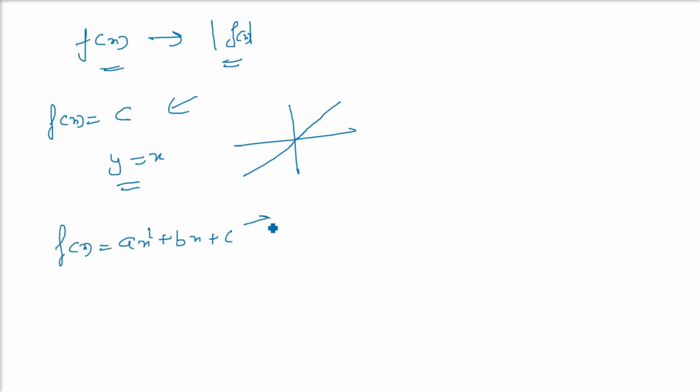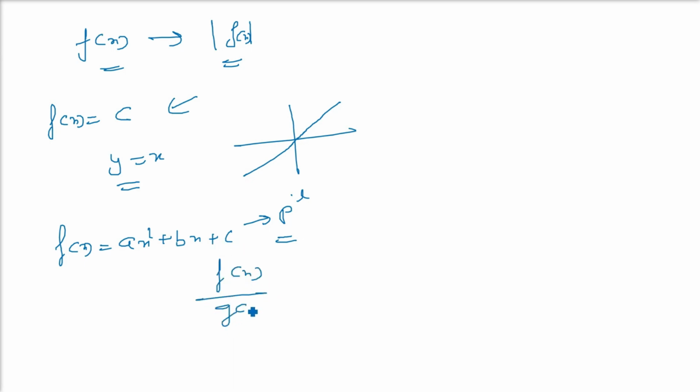A polynomial function is also continuous everywhere. It can be a first order, second order, or higher order function. So whenever a polynomial comes in a question, we will directly say that this polynomial is continuous. We just need to understand that these are continuous functions. We don't have to prove it.